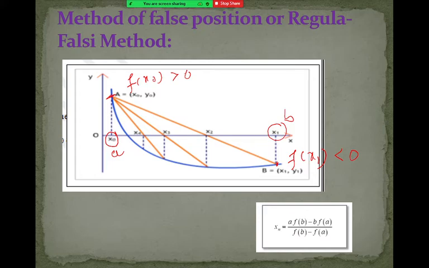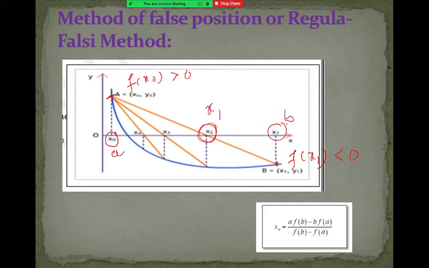Once this condition is satisfied, to get the first iteration value, we approximate that value by drawing the chord between the points A and B. Just join point A and point B by a straight line, and whatever the intersection is, this is our first iteration. This is actually the x1 in our standard notation.